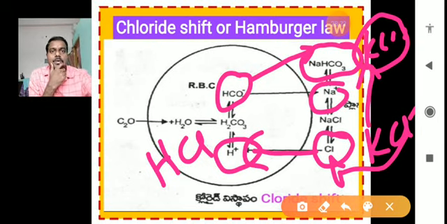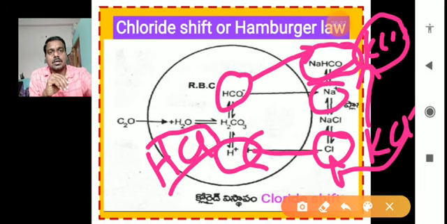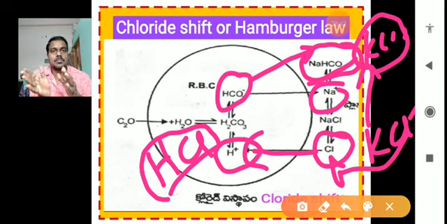When sodium bicarbonate increases in the plasma, the HCl of the RBC is going to be neutralized. It means the number of sodium bicarbonate molecules and HCl molecules is equal. That is called an equilibrium state between the plasma and RBC, with no effect on the RBC.